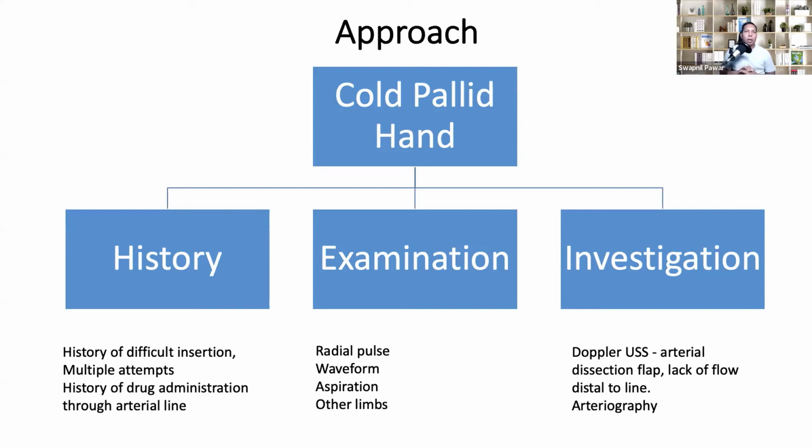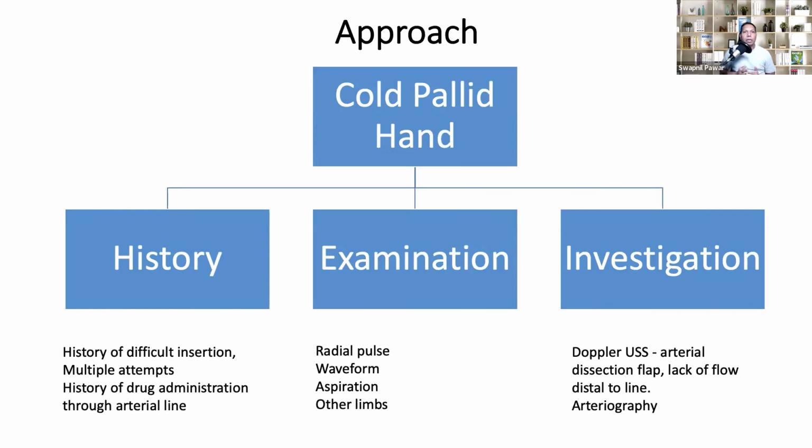Investigations: the gold standard will be Doppler investigation, to examine the artery and look for any dissection flap. Arteriography is invasive and rarely performed, but if it's needed, it needs to be done. Usually for treatment, immediate consultation with vascular surgery needs to happen in this case.